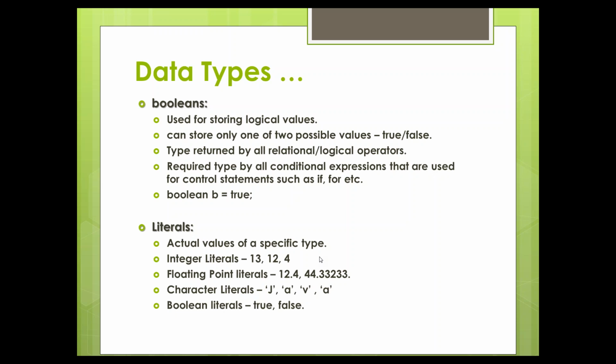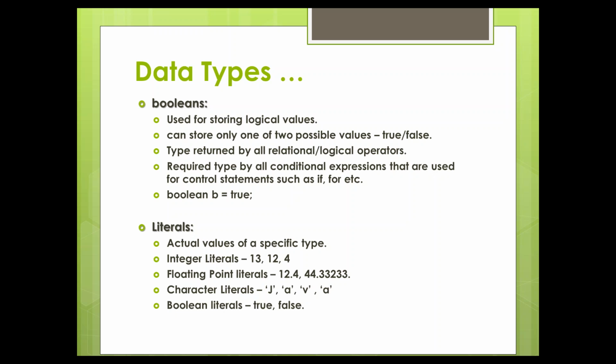So let us see what these literals are. Literals are nothing but the actual values of a particular data type. For example, integer literals are the actual values. You can consider them as constants. They are not variables. They are the actual values that you store in your variables.